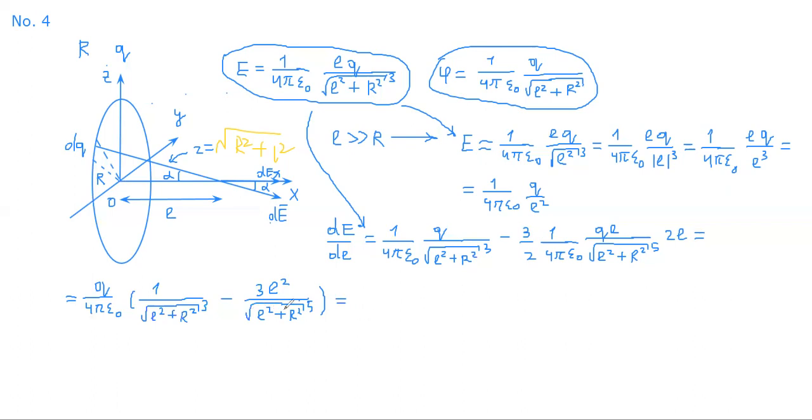From here we have obtained that this is equal to q divided by 4πε0, multiplied by L squared plus R squared.